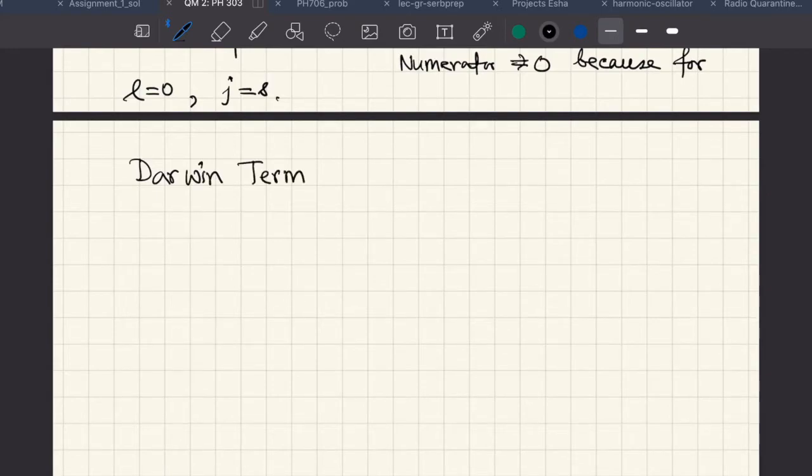Again, this will be discussed in your atomic and molecular physics course, but let us not bother about this at the moment. Let us see what the form of this Darwin term is.